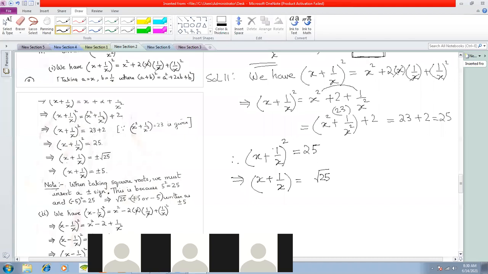Now remember, whenever you are finding out from x plus 1 by x whole square, x plus 1 by x, and you're using a square root here, always it is a good habit to give a plus or minus sign. Always. Plus or minus sign, you must always give. That means you get x plus 1 by x is equal to square root of 25, which we all know is 5.